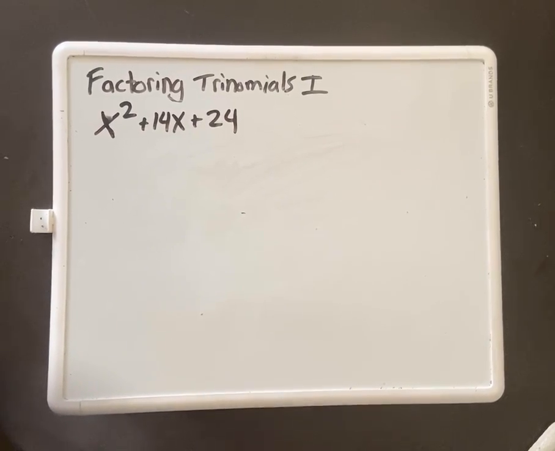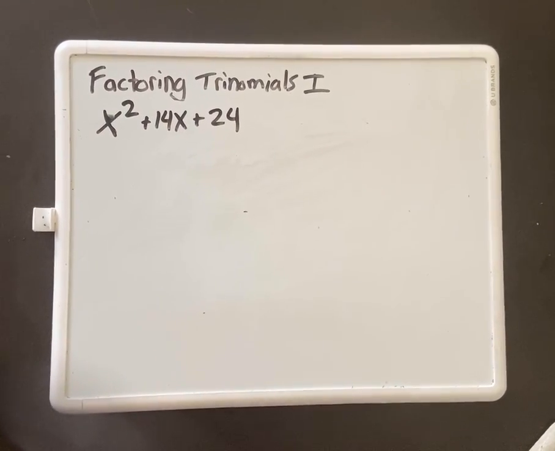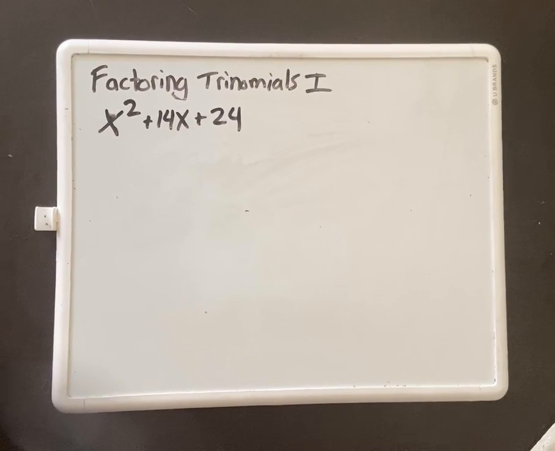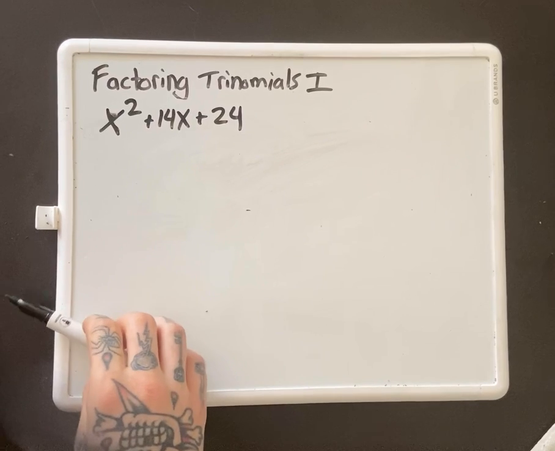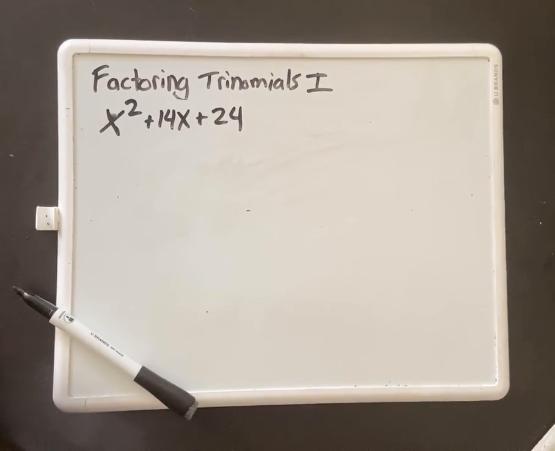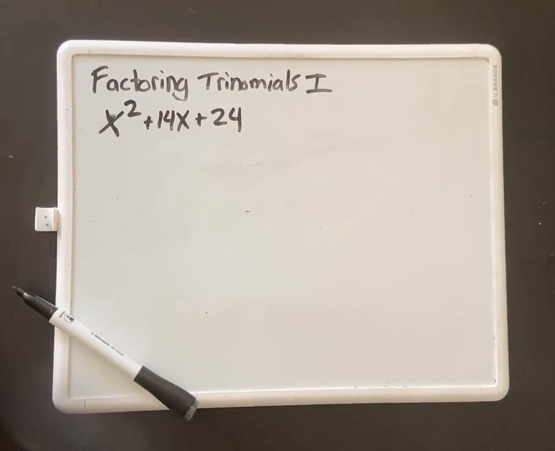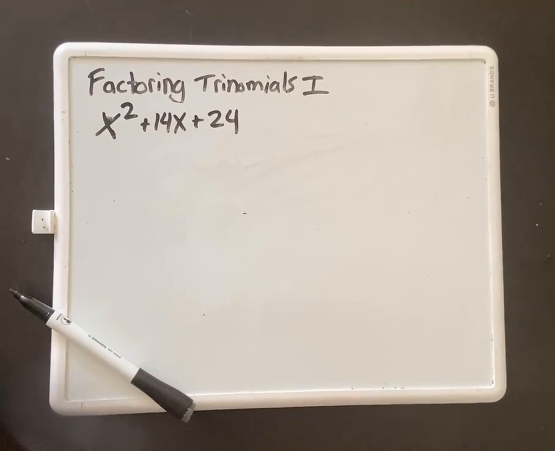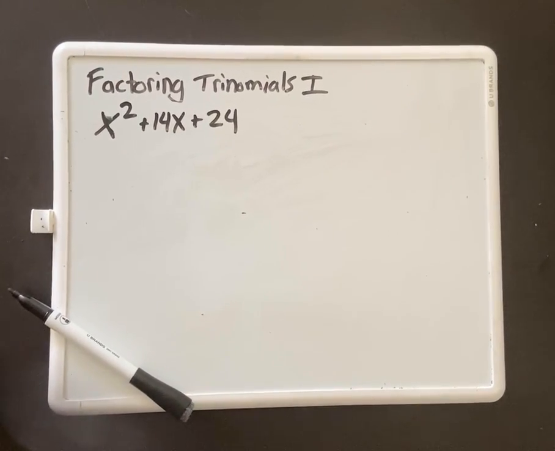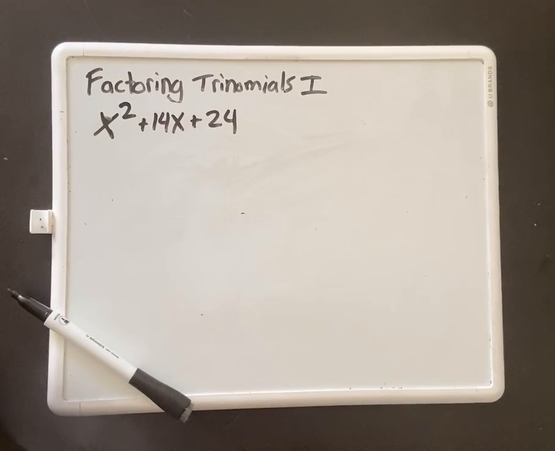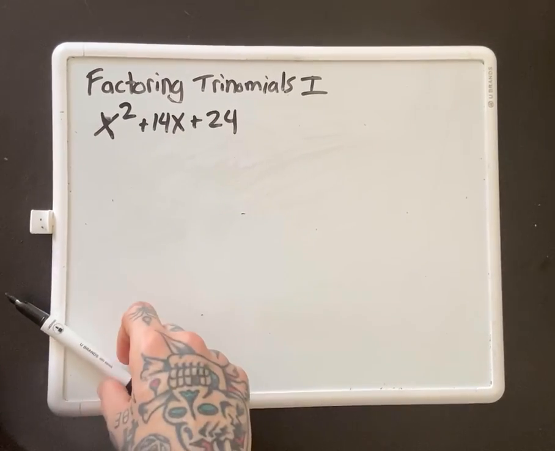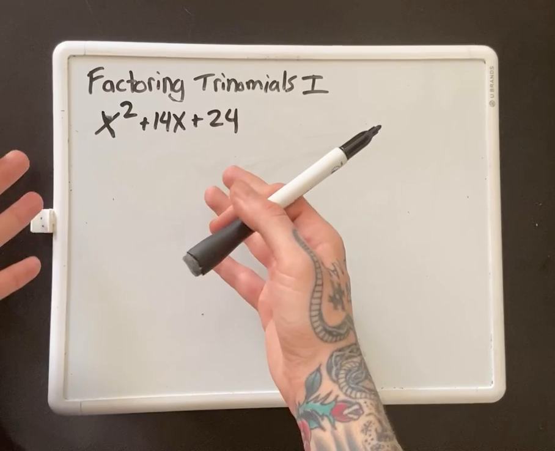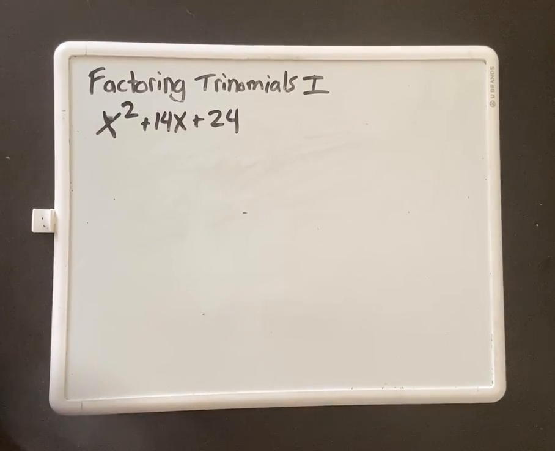Sometimes you're going to be given a trinomial and you're going to be asked to factor it. That sounds confusing at first, but like I just said, we start with two binomials and we usually end up with one trinomial. So now we're starting with a trinomial and we're being asked to factor it.